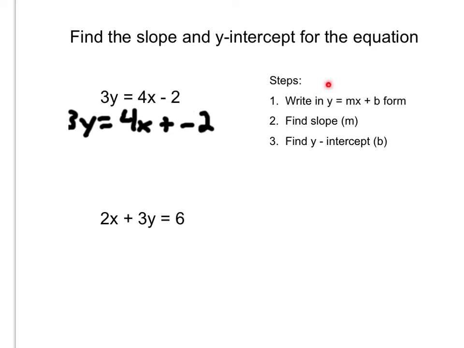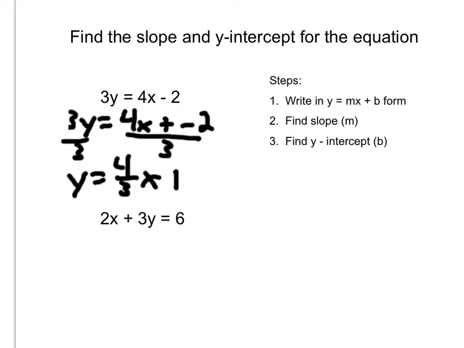Well, I still don't quite have it in y equals mx plus b form because there's a 3 attached to this y. So now I need to divide both sides by 3. And I get y equals, now remember, these can simplify. This is 4/3 x plus, and then these could simplify to negative 2/3.